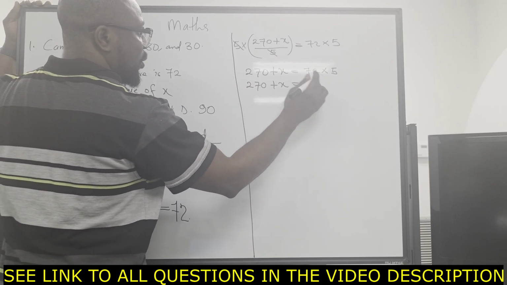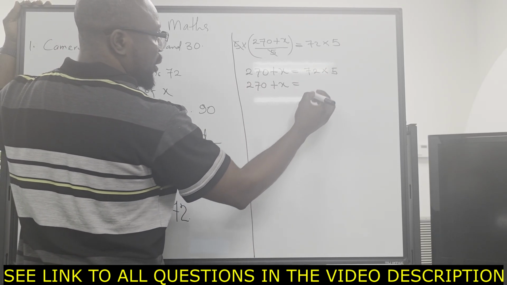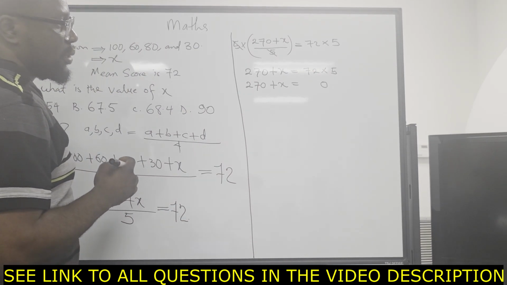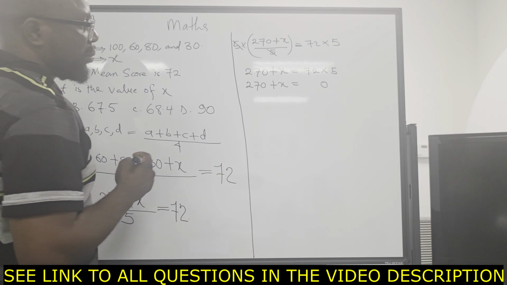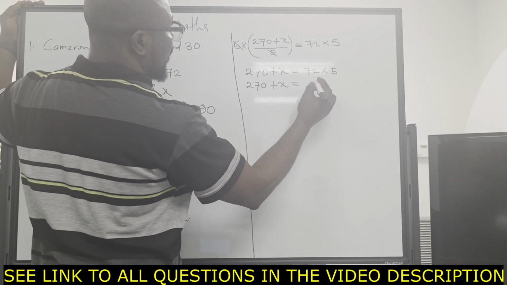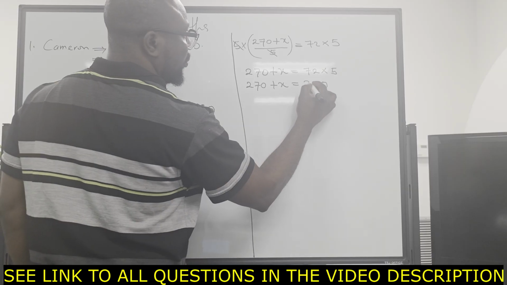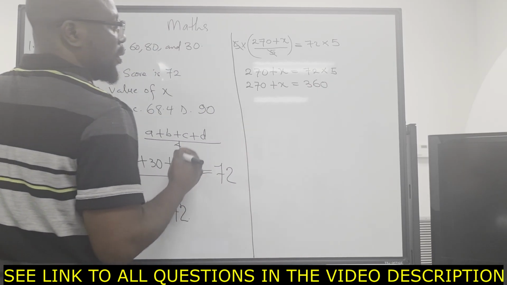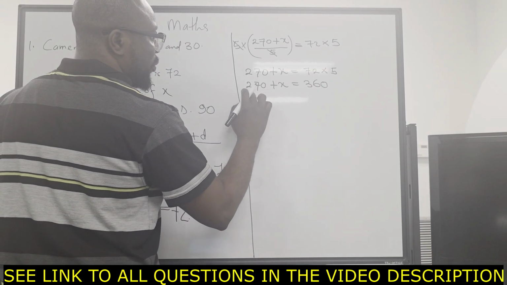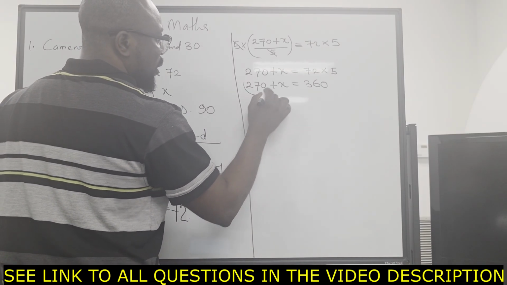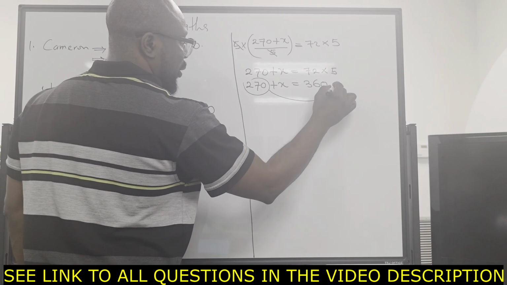So 270 plus X is equal to 5 times 2 is 10, so you have 0. 5 times 7 is 35, so you have 360, right? So you now have to solve for X, move this 270 to the other side.